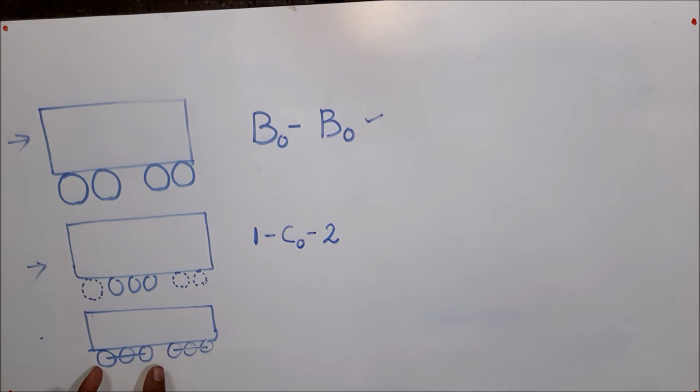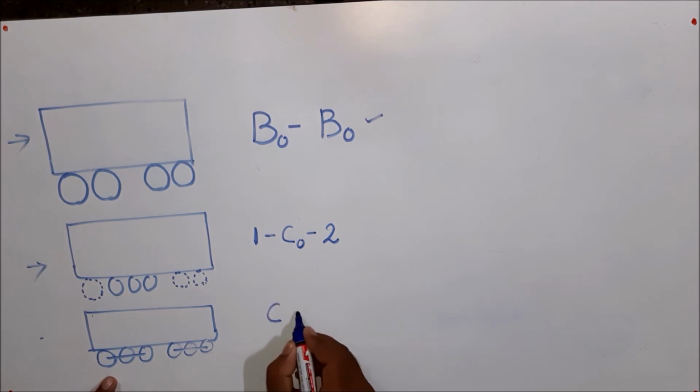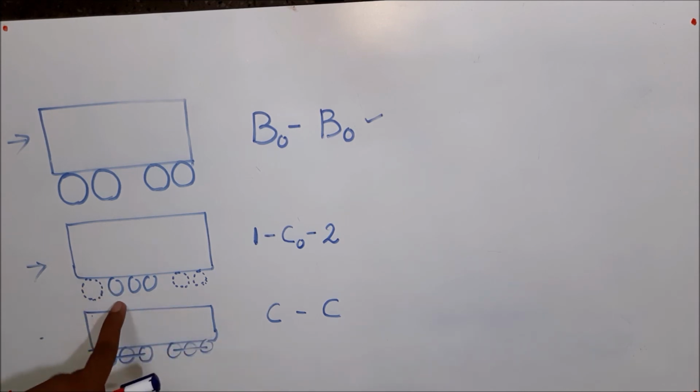These 3 axles are grouped together, and these 3 axles are another group. So there are 2 groups, and 3 axles each. So we write C hyphen C. I told you if it is a group drive, there is no need to use any subscript. If it is a single motor drive, you have to use a subscript. I hope you are clear about this example, this coding.